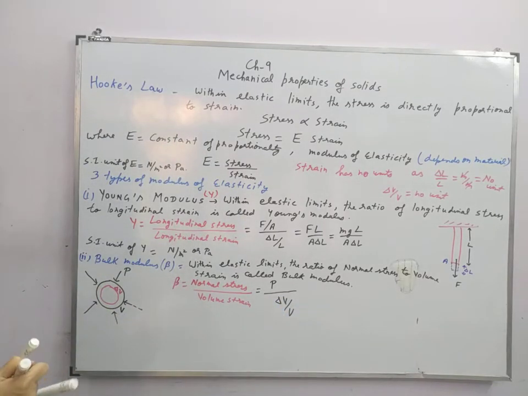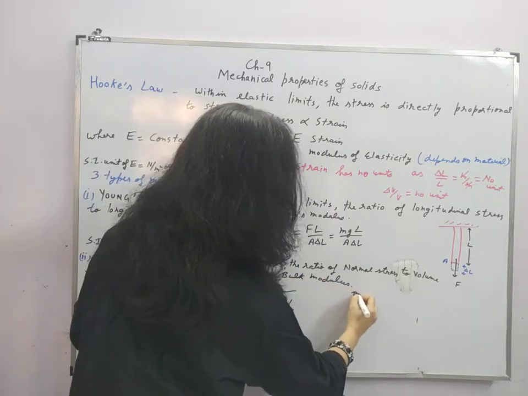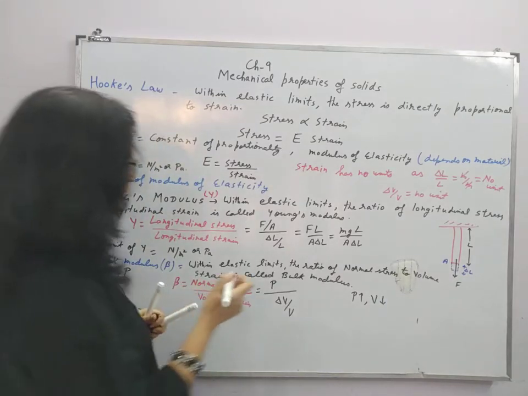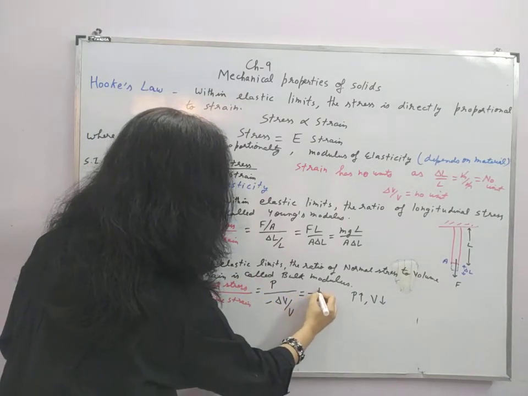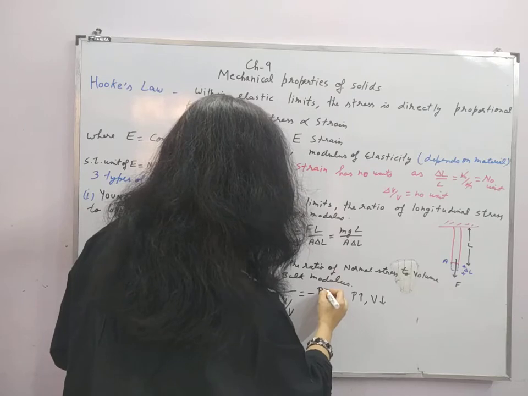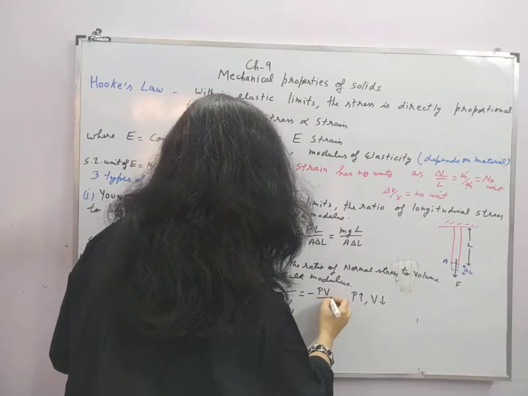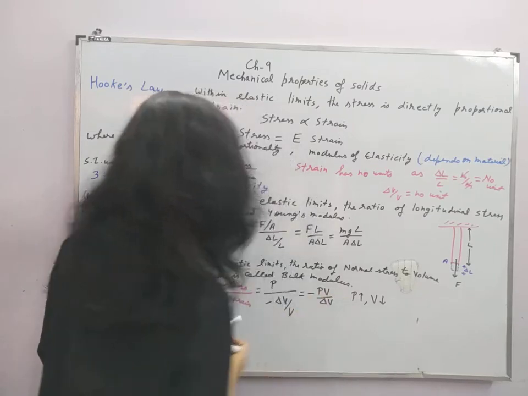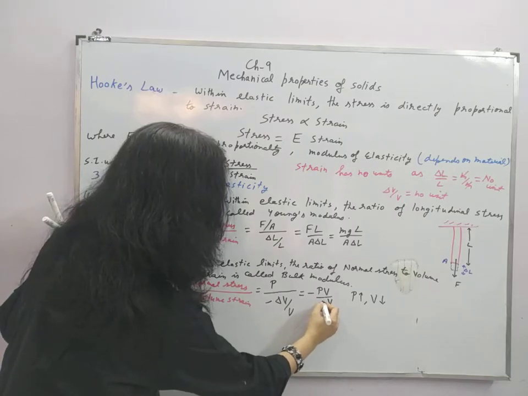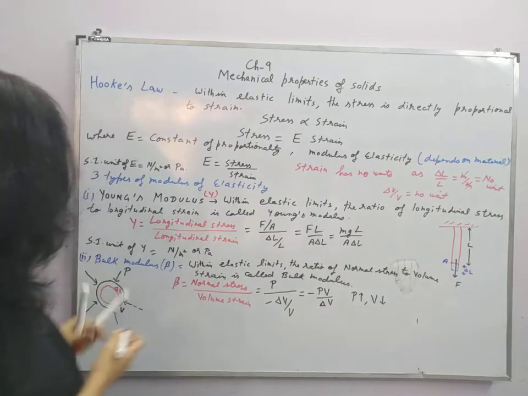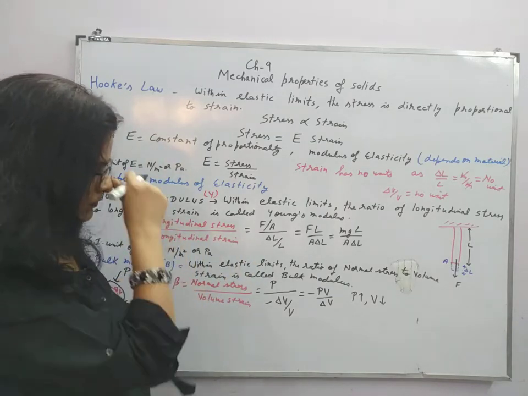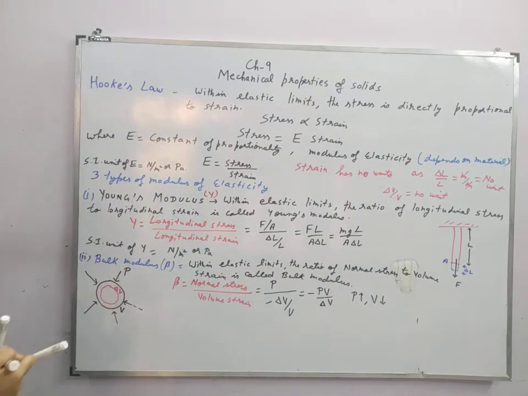But if you look at this, if we increase the pressure, volume decreases, right? So we can write minus sign for this. So this becomes minus P V upon delta V, right? So this is your formula for bulk modulus. If we say that delta P pressure is applied, then we can write delta P for this pressure or normal stress.